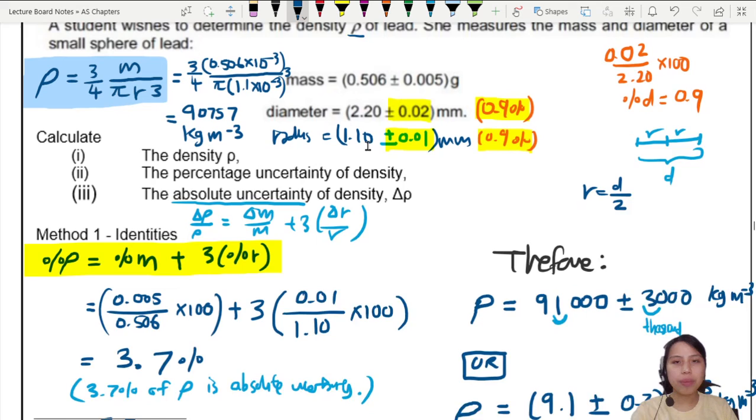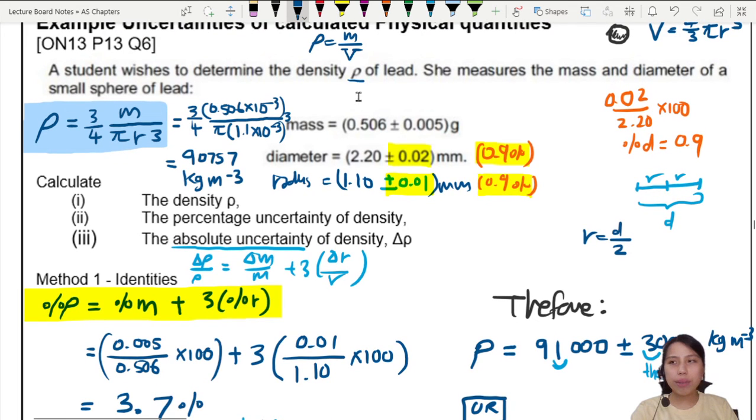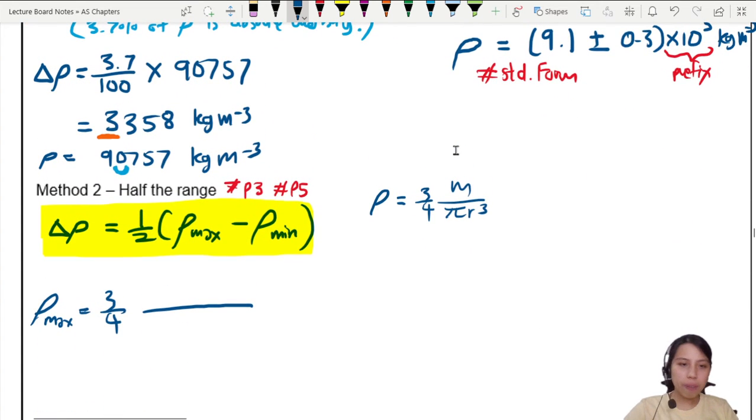We need to look back at this thing. If you look at this crowded area, this one, the maximum is 0.506 plus 0.005. Because plus minus one, maximum will be plus. So let's write 0.506 plus the uncertainty, 0.005. That's the maximum mass.